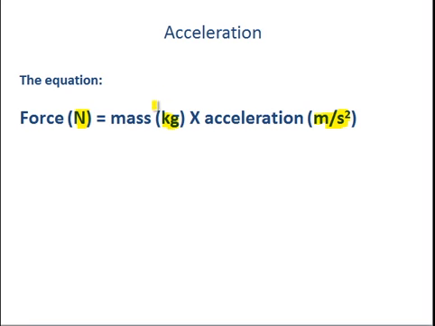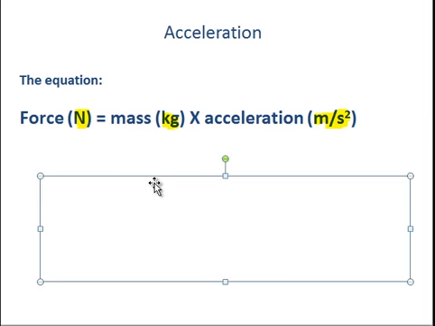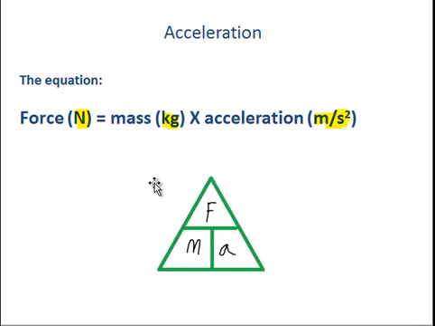So it's better to actually learn the maths triangle for this. Have force on the top of your triangle and mass and acceleration at the bottom. If we were trying to work out mass, we just need to take force and divide it by acceleration. If we were trying to work out acceleration, we just need to take our force and divide it by the mass.